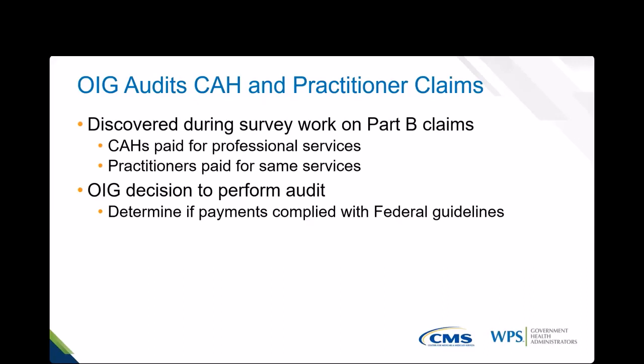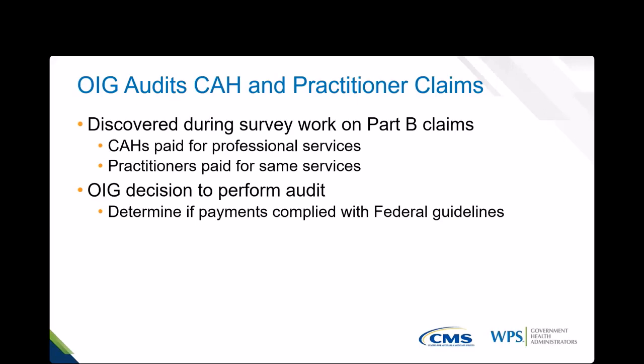So we had some instances where they suspected double billing, and so they wanted to take a closer look at that, and they decided to do a formal audit on these services. As a general rule, Medicare should not pay both a critical access hospital and a healthcare practitioner for professional services for the same dates of service.